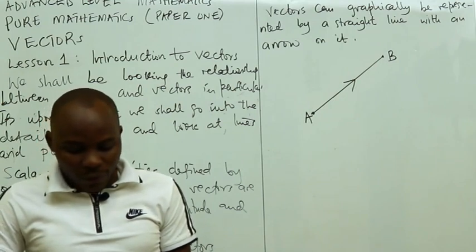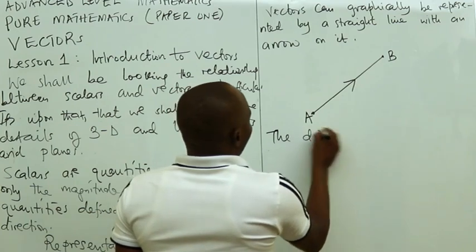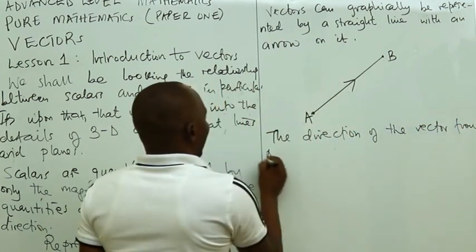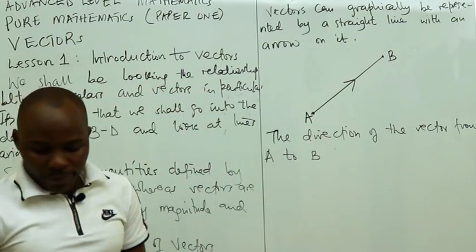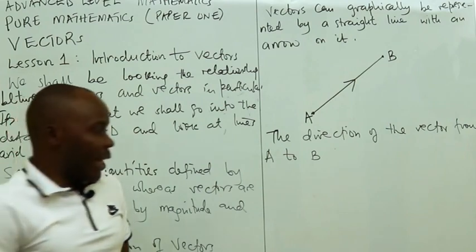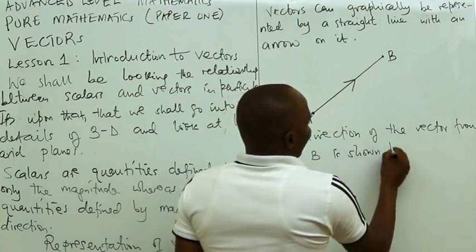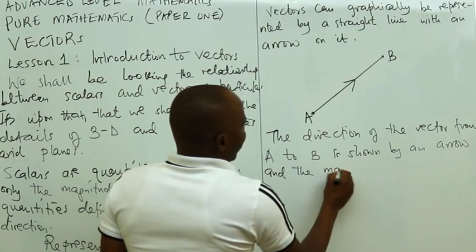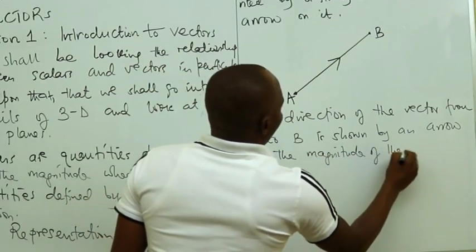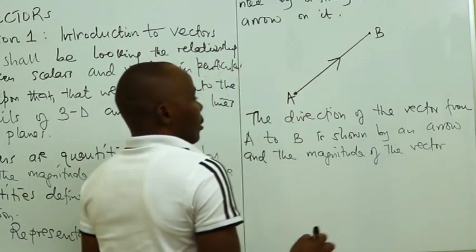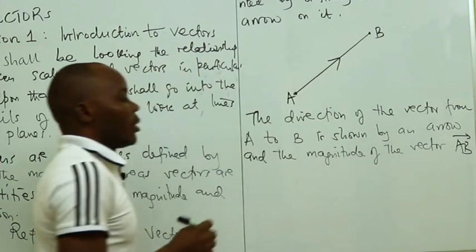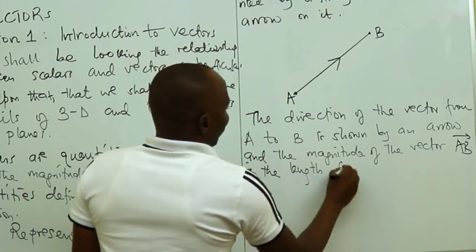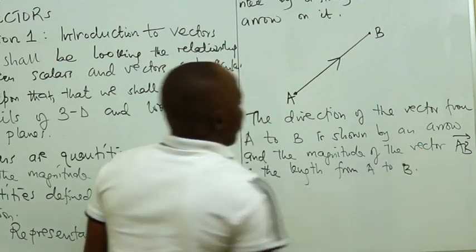The direction of the vector from A to B is shown by an arrow, and the magnitude of the vector AB is the length from A to B, or the distance from A to B.